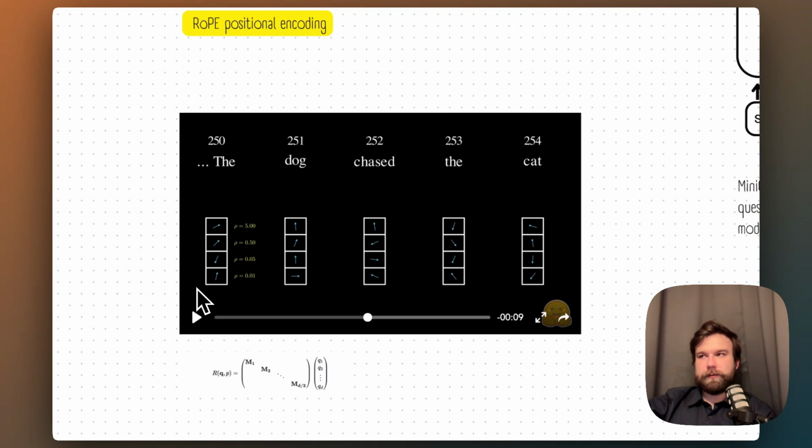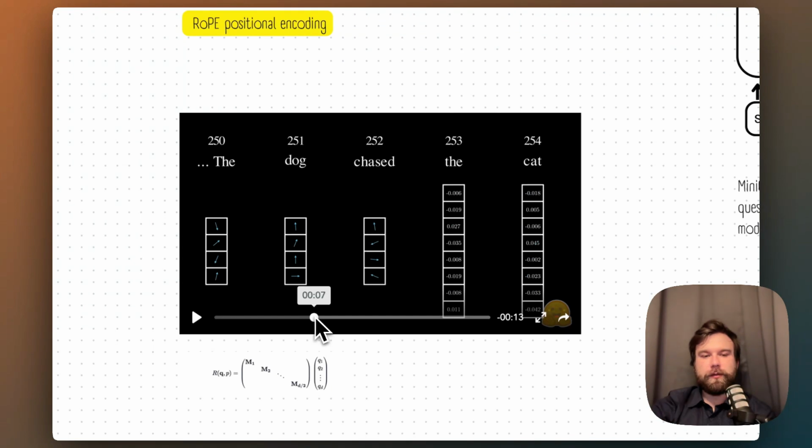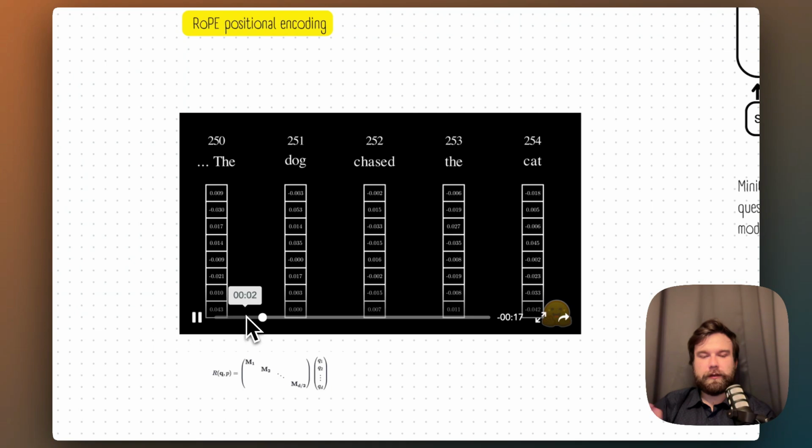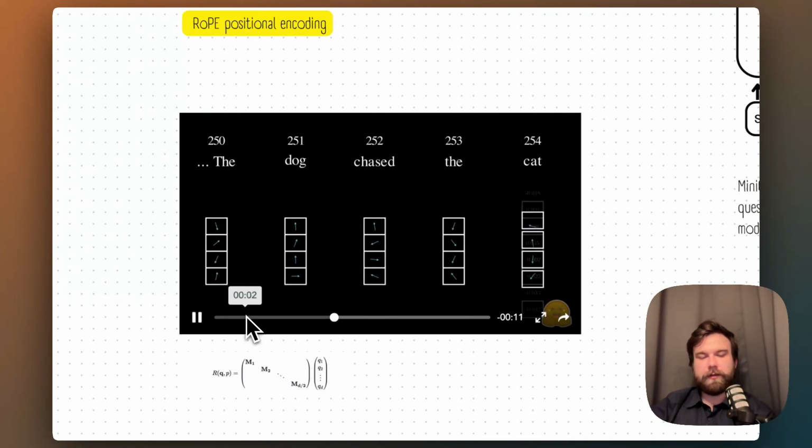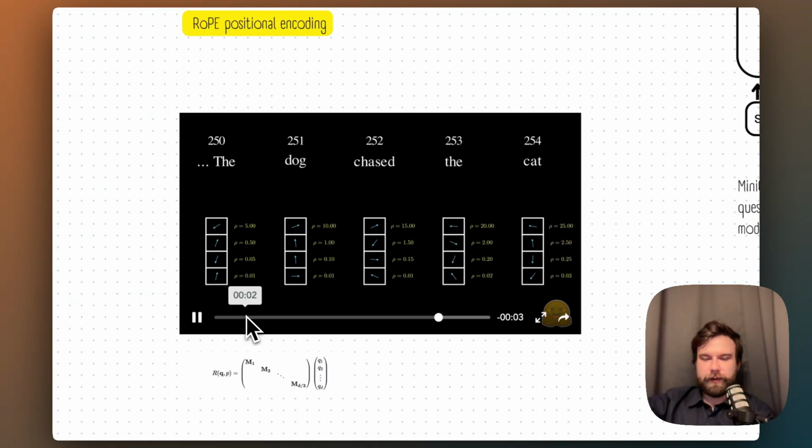Standard is, for example, using functions such as sine and cosine to give the notion of time. But here they do something different. So they use rotations. The magnitude of the vector is the same, but it is slightly rotated in different directions as we move through time. So we give the sense of order and the sense of time by rotating the vectors, the word embeddings, differently as we move through the sequence.